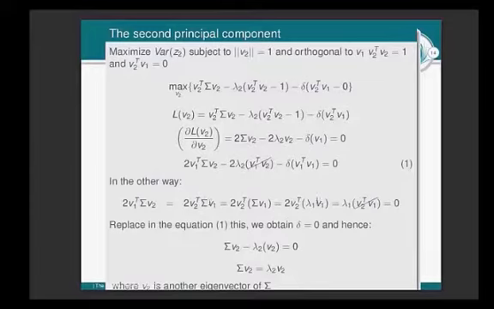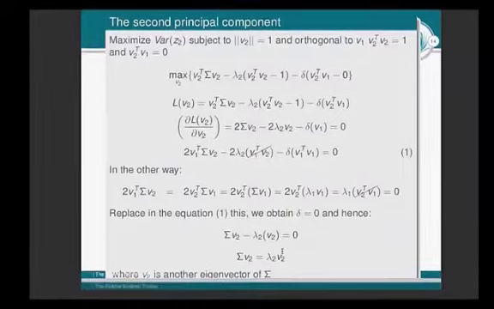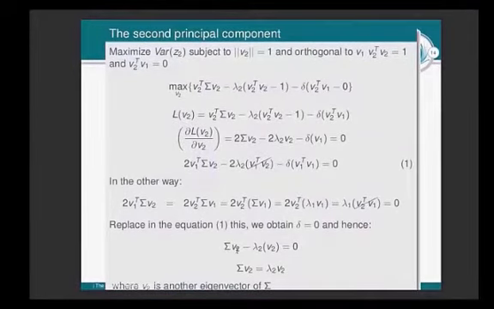If it is 0 and it is 0, we have delta equal to 0, and hence sigma B2 minus lambda 2 B2 is equal to 0. Finally, we obtain sigma B2 is equal to lambda 2 B2.